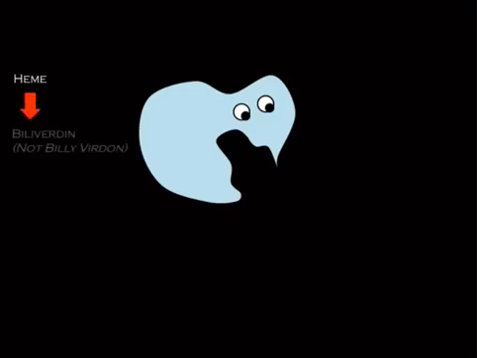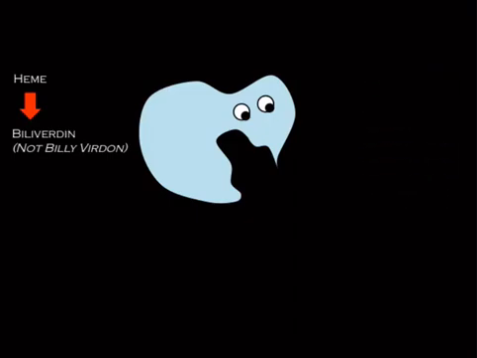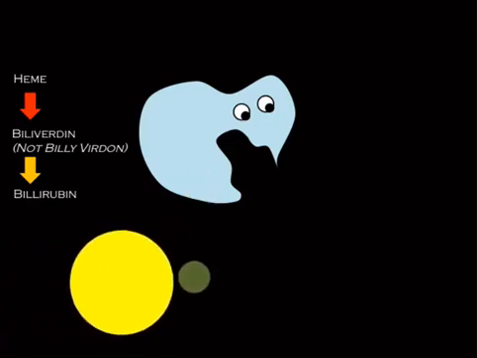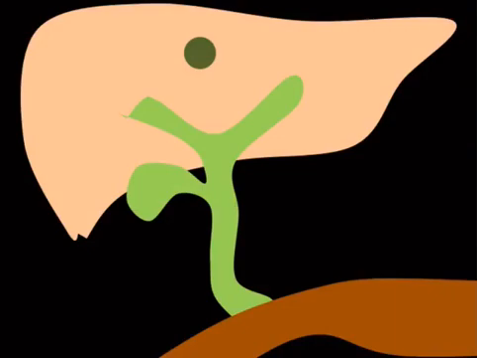So your heme gets turned into biliverdin, and the biliverdin gets converted to bilirubin, which then gets pooped out, attached to some albumin, and this albumin transfers it to the liver, where it ends up getting processed further and pumped through the bile into the small bowel, and then pooped out.